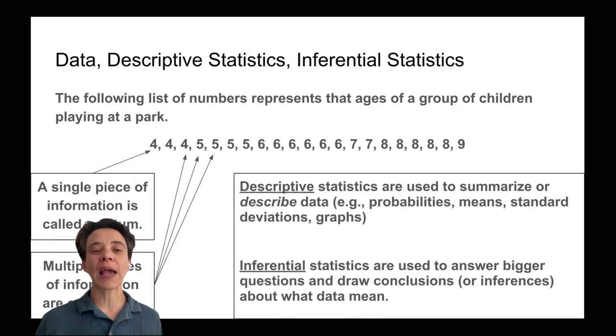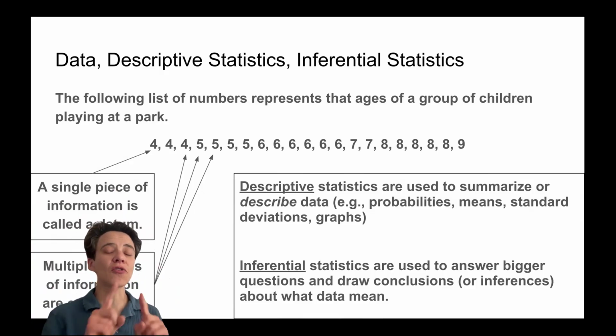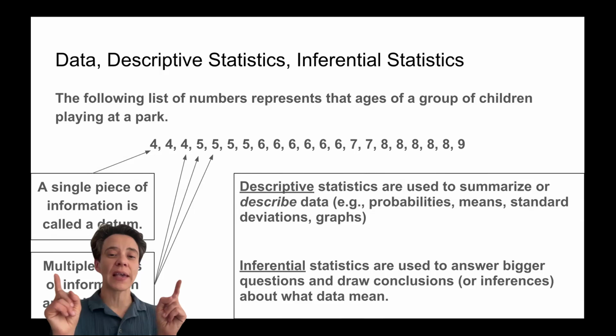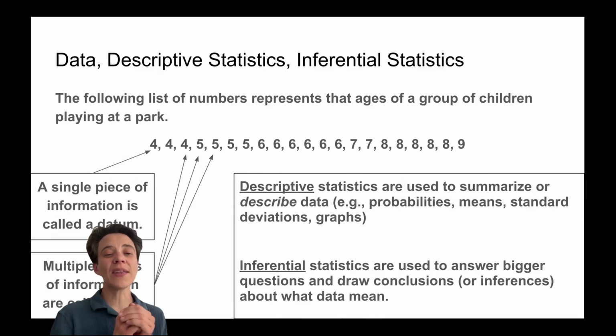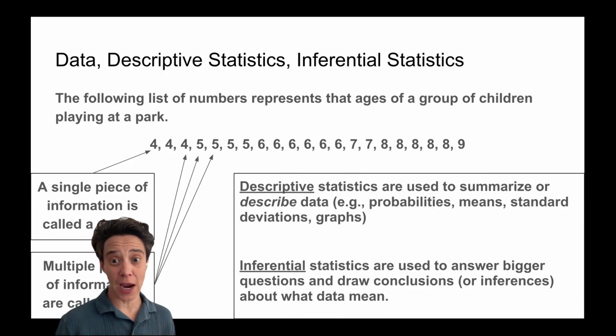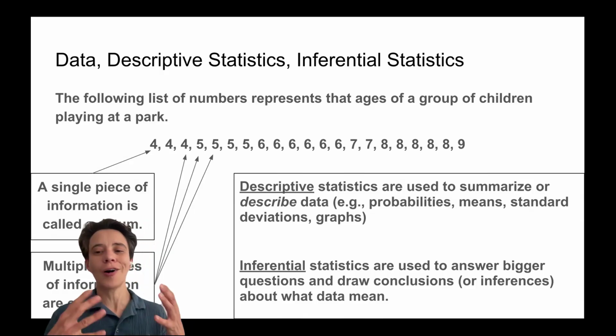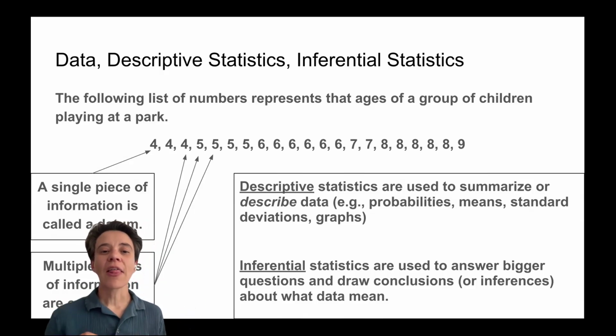So when we do calculations of different sorts with these data, there are two main categories of calculations we might do. One is descriptive statistics. If our goal is just to summarize the data that are there, so figure out on average where the data fall, then that's descriptive statistics.